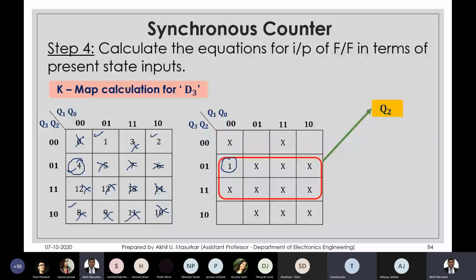We can replace it by don't care, but then we will not get an octave. Instead of Q2, we will get an isolated cell, and that will be Q3 bar, Q2, Q1 bar, Q0 bar. So we will have to use a 4 input gate, instead of just directly connecting Q2. But of course, that circuit will be lockout free. The lockout condition is taken care of in that circuit.